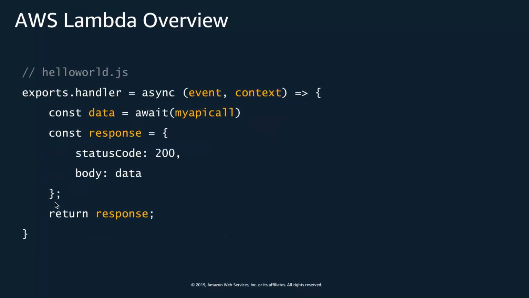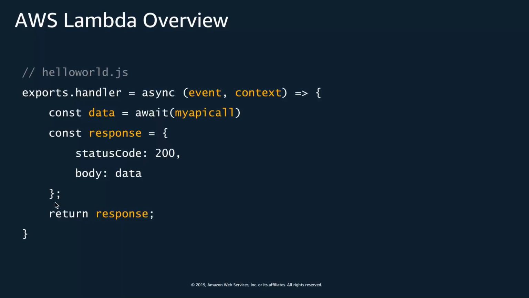So a Lambda function typically has a handler function. And the handler is going to be what you specify in the Lambda function definition as the entry point. And the handler is a function that takes in 2 arguments. And these arguments are going to contain the event and the context. So we typically name those event and context as the first and second argument.